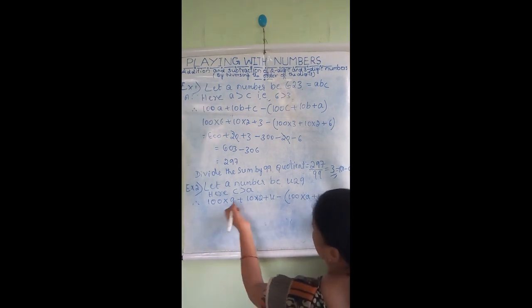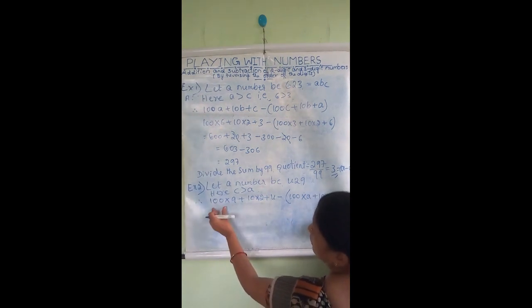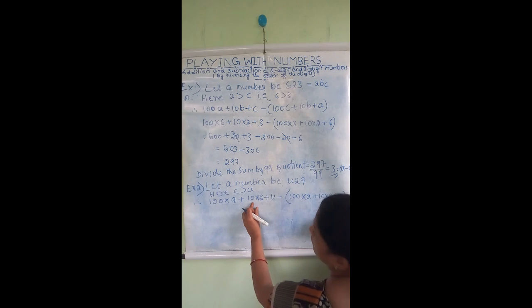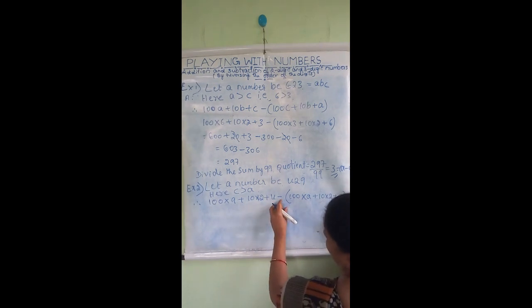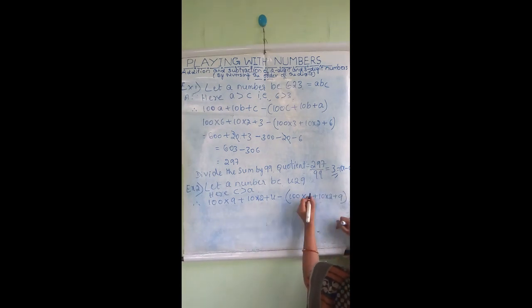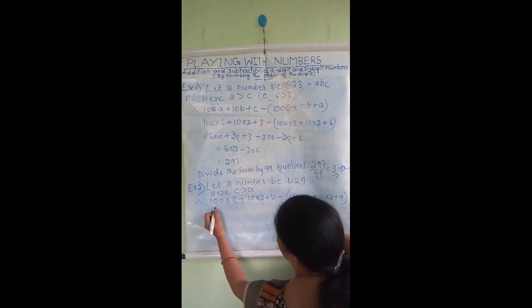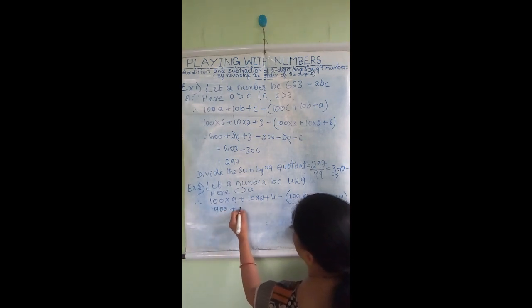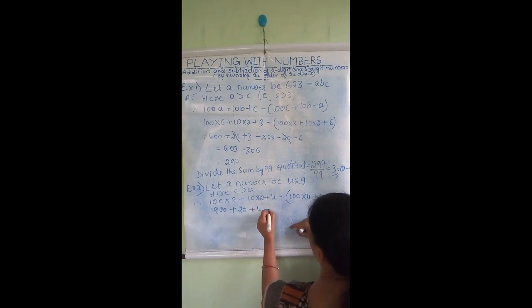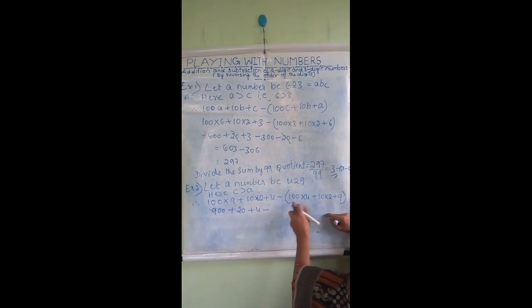Which form does this mean? In general form, this is CBA, no? 100C plus 10B plus A minus 100A plus 10B plus C, like that. Open the bracket. Here you will get 900 plus 20 plus 4, and similar to that minus sign for all terms.